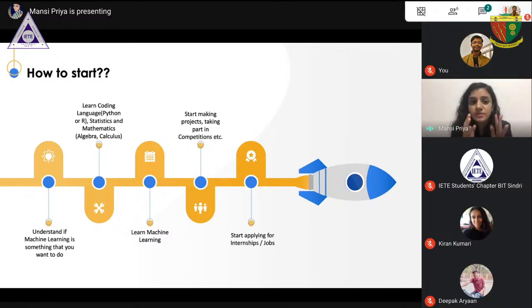And now when you are done with that, start making projects, because that is what is going to light up your resume, and that is what any person who is going to recruit or hire you is going to look at. So try to make projects, and not just any simple projects. Try to create projects that are of some value to the society, because that is one of the catchy points: people feel that if you do something that is particularly useful in the society, then that is considered a very good project.